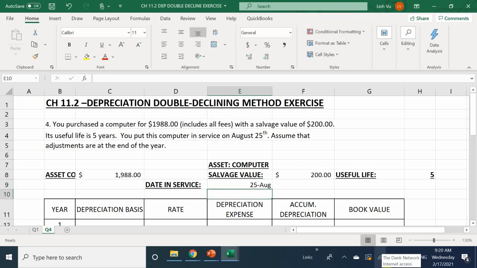August 25th. Okay. So knowing that I placed it into service as of August 25th, when do I depreciate it? September. Okay.